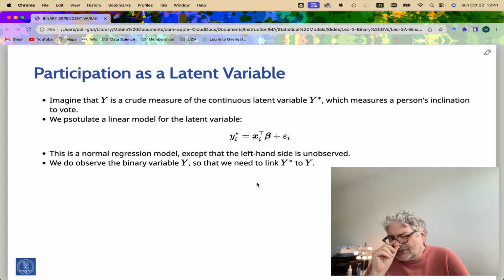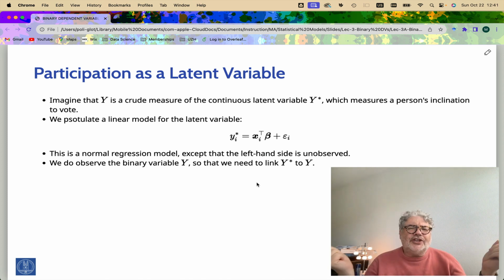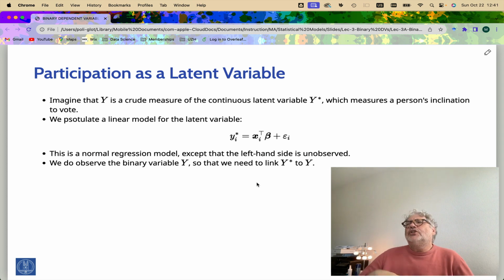So you could imagine this y star being a continuum going from minus infinity, where you could say this is a person who has absolutely no inclination to vote, to positive infinity, where you could say, well, some pretty stark forces of the universe have to stop someone from participating.